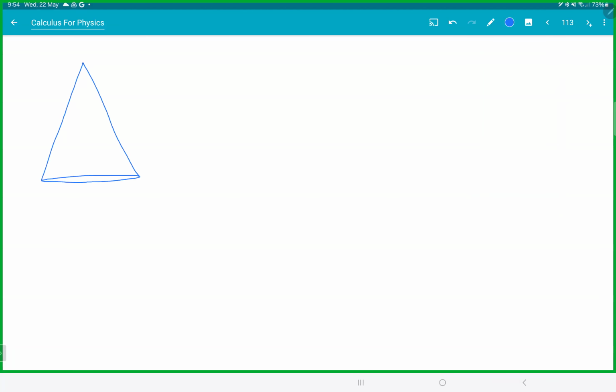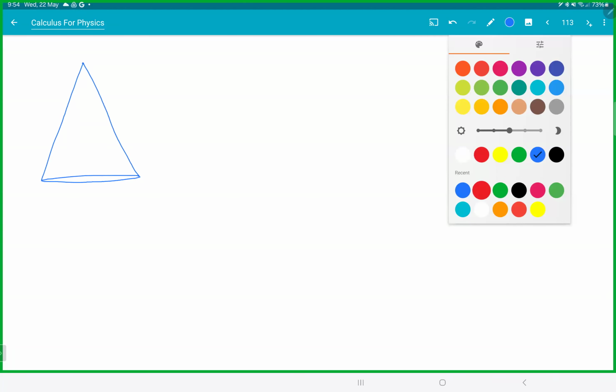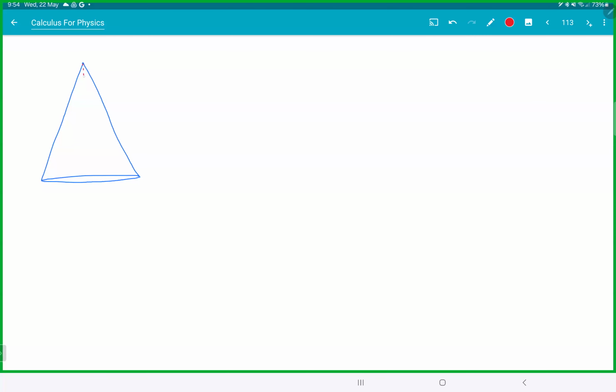See, from the top, this is the y-axis, no? So I'll take distance y from the top. I will take a thin disk whose width is dy, whose radius is x. This angle is theta.